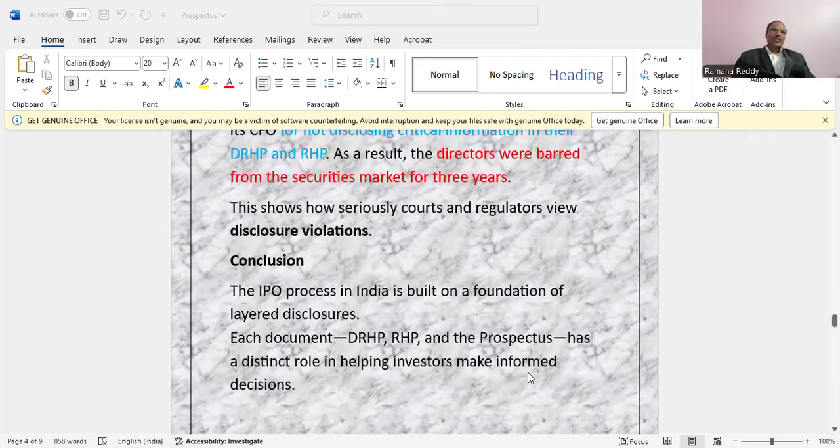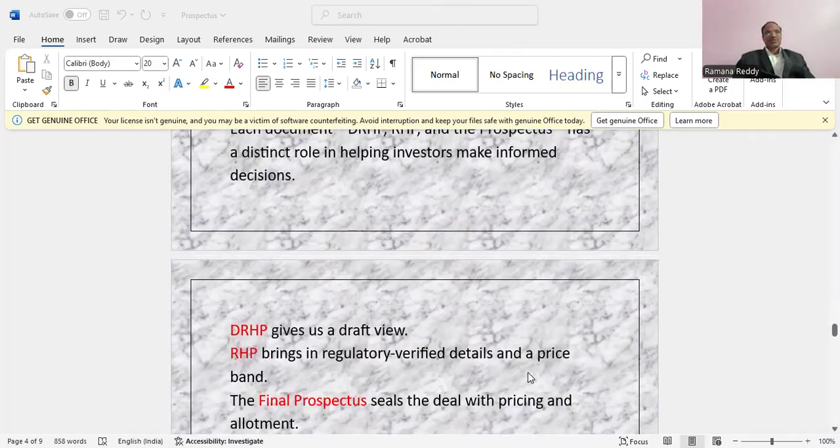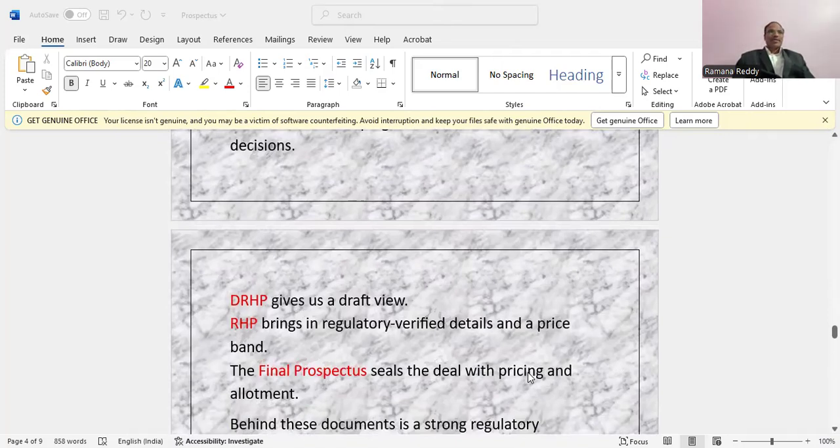So the conclusion is that the IPO process is built on the foundation of layered disclosures. Each document, DRHP, RHP, and prospectus, has a distinct role in helping investors make informed decisions. DRHP gives a draft view, and RHP brings in regulator-verified details and the price band.